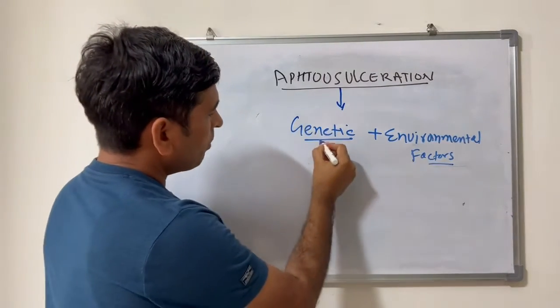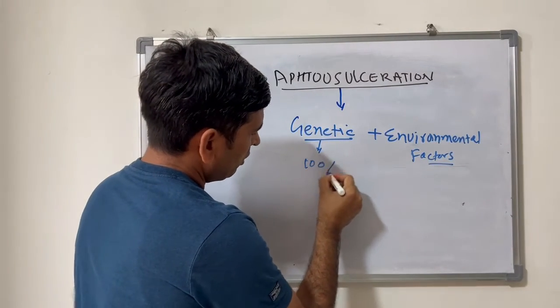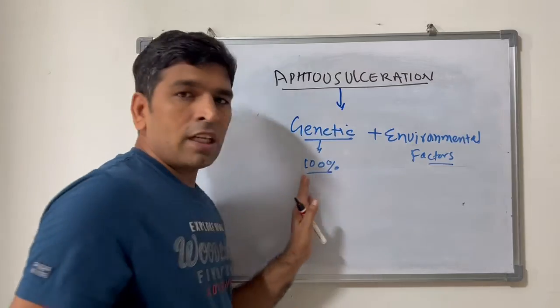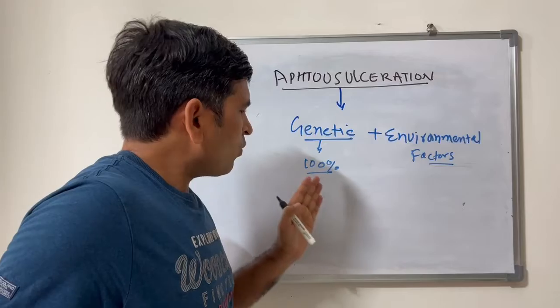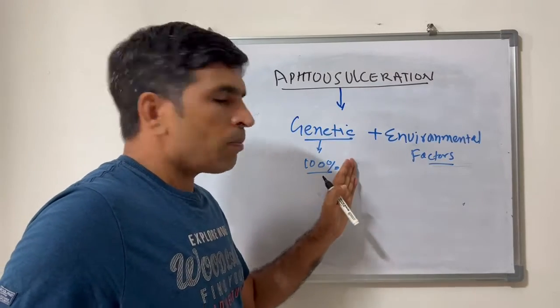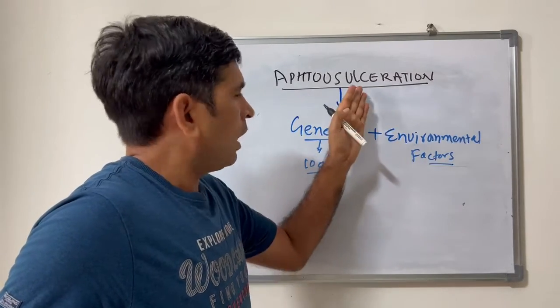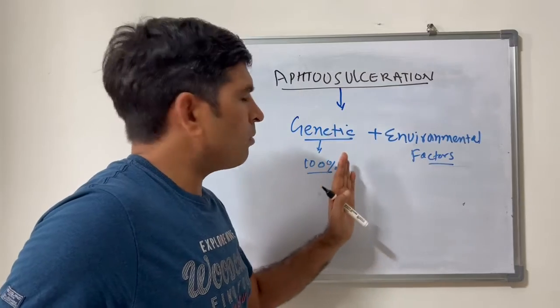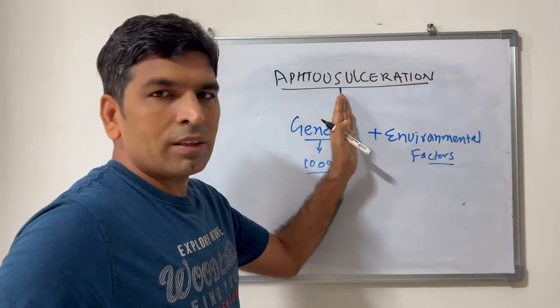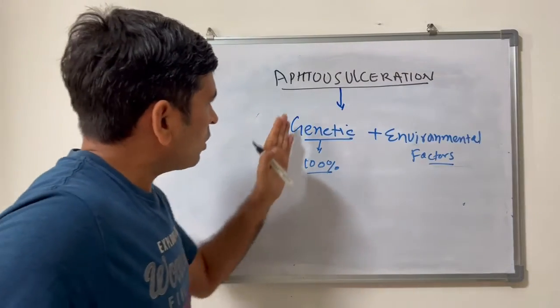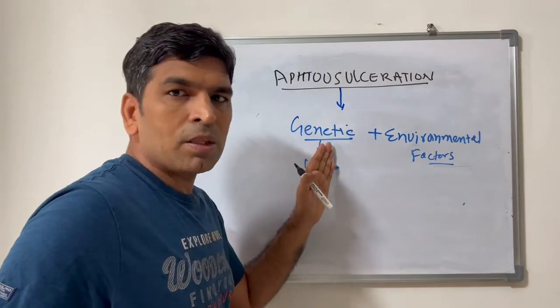It is 100% of cases having genetic susceptibility. Out of these 100%, some patients may present with Aphthous ulcerations, some may not. They may have subclinical Aphthous ulceration. So this Aphthous ulceration has genetic susceptibility.